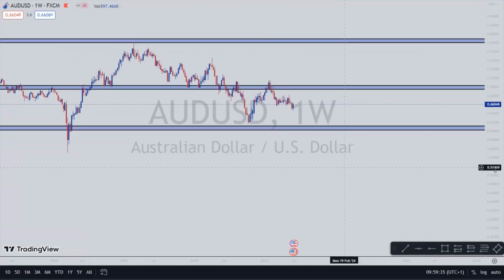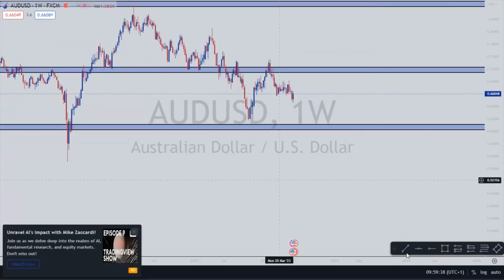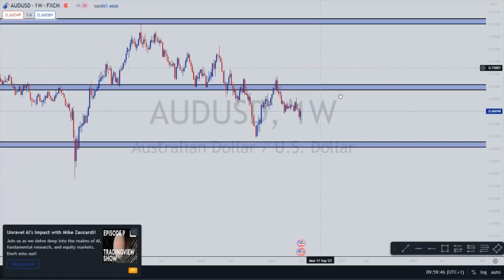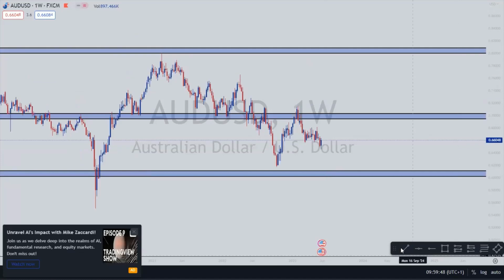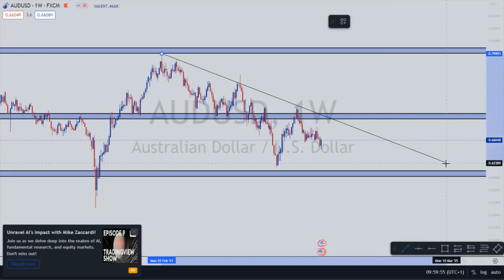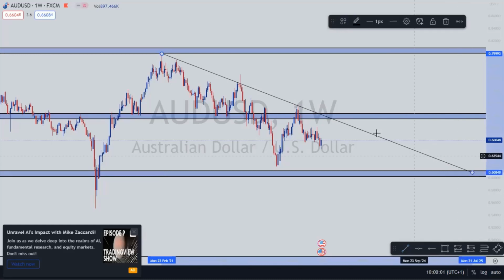So I can see something like a downtrend here. Cancel this. Okay. I can see something like a downtrend here, just about here. Let me accommodate more points. So this was probably a fake out, but I think this should be the correct trend line.